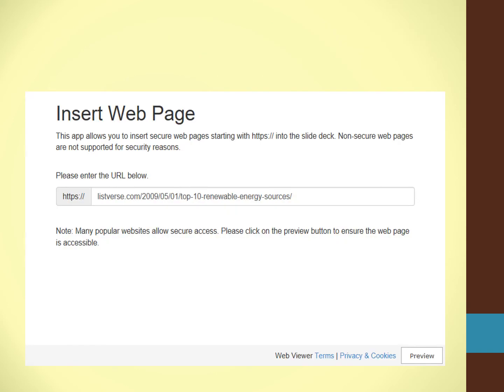So now that you've written down the ones that you remember, I would like you to go ahead and use the screen here. You can scroll through this website and it will show you the top 10 renewable energy resources. So if you scroll down, you can read about those top 10 sources. So take a moment and do that for me.